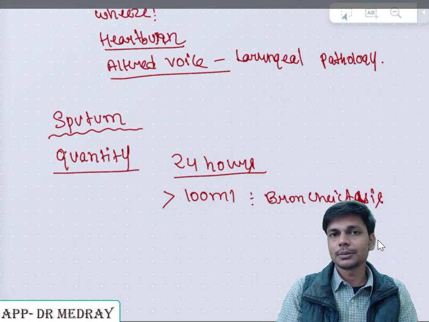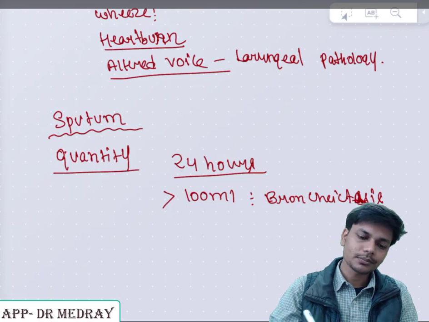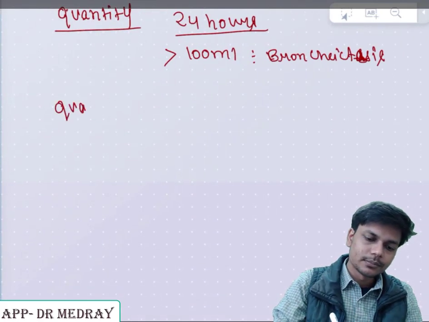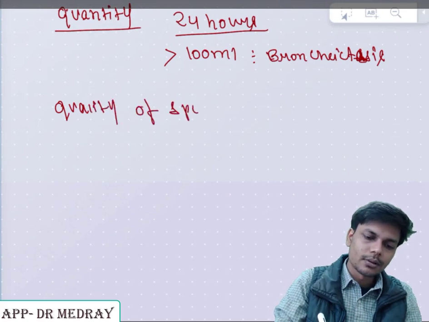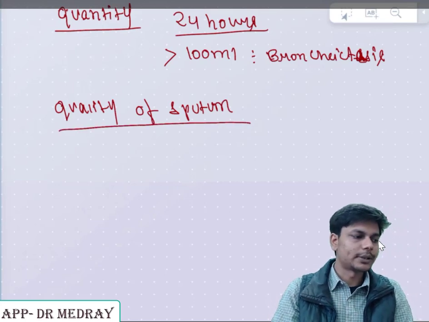A small amount of sputum is produced in pneumonia, acute bronchitis, or emphysema, but bronchiectasis produces a large amount of sputum. The quality of the sputum is important.